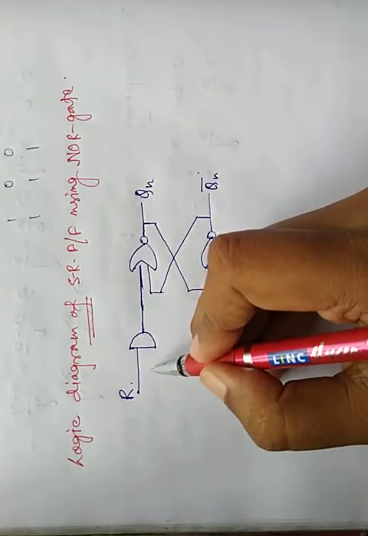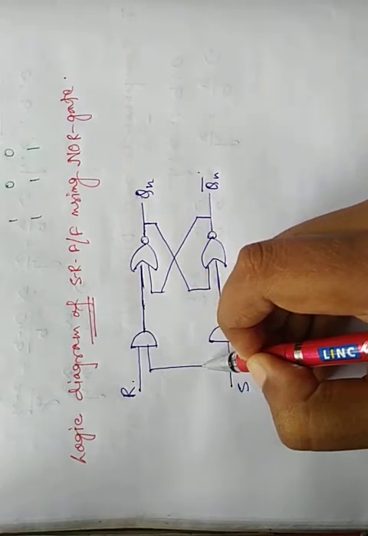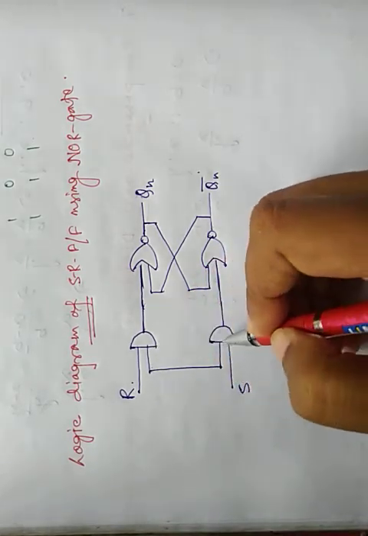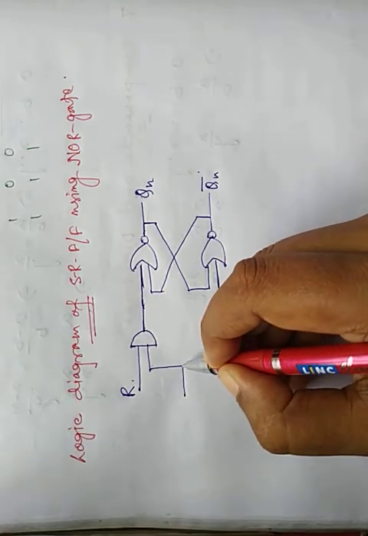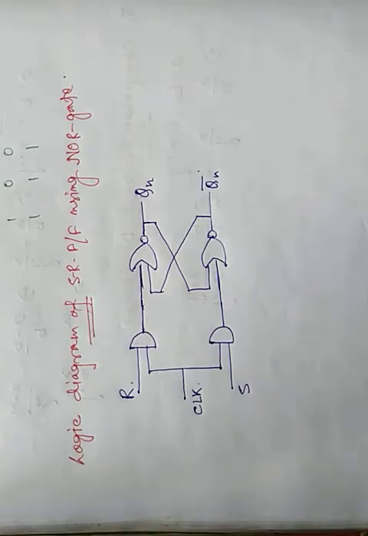Now the second input must be another signal, the same signal going as both the inputs. That signal is known as the clock.